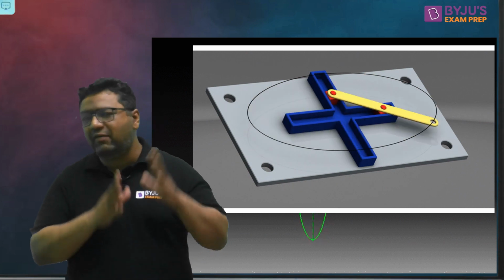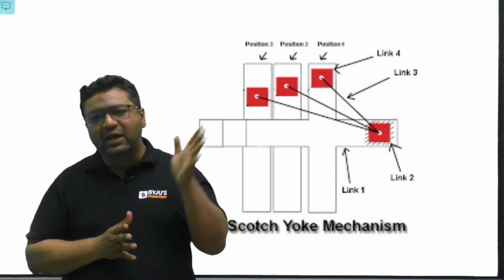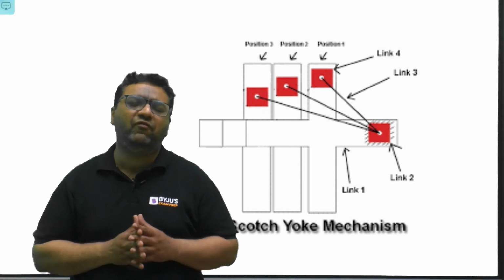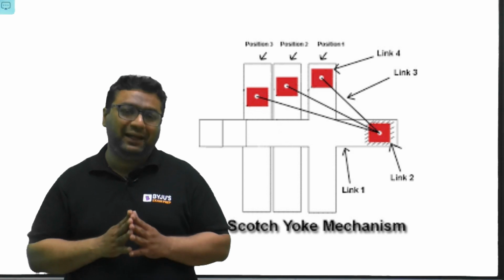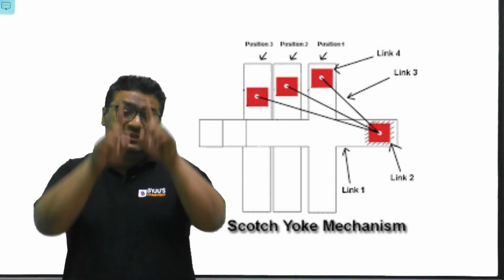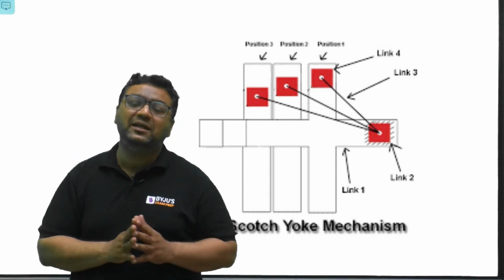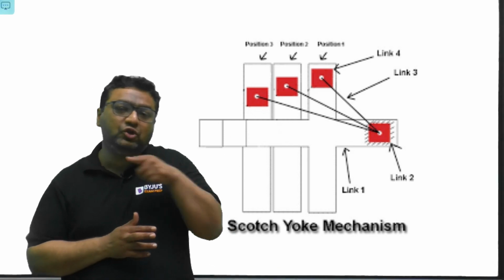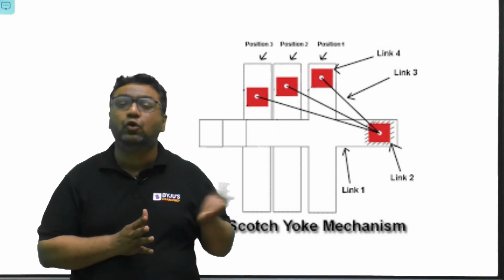Then we have other options, like keeping a slider fixed. When you keep one slider fixed, the slotted plate has rectangular sides, so the part where the slider is present will also not be able to move. Only sliding motion will be possible for that part of the slotted plate.